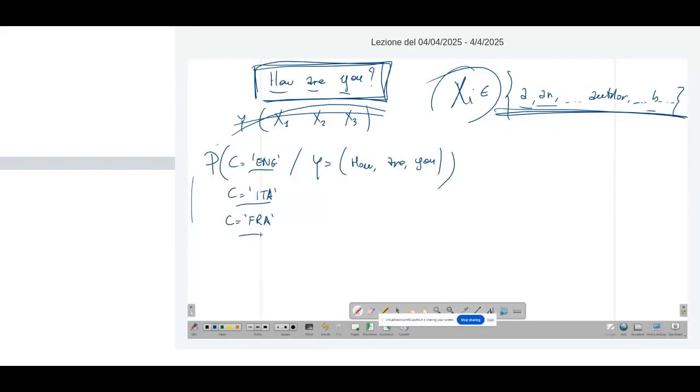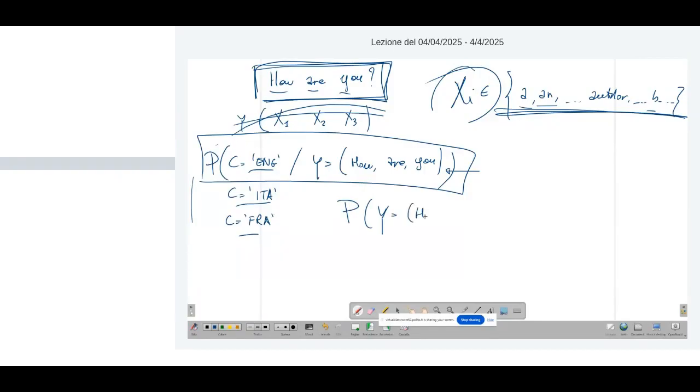What I need to be able to do is to answer this kind of problem. What we'll see is that we can do it in a similar way to the categorical model that we analyzed before. How do we solve this? Again, with a generative model, we need to be able to compute the probability of the sequence that we observe given the language that we assume.